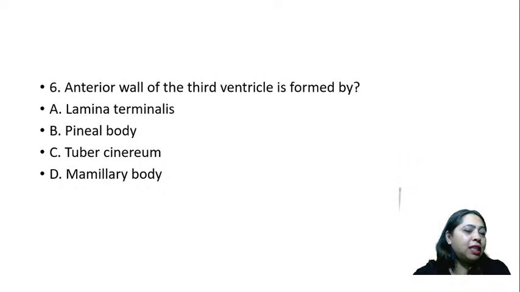Many think it is D. Okay, it could be pineal body, and many are always confused between which one is pineal body and which one is mammillary body. Tina thinks it is A, and Suman thinks it is D. SK says A again.